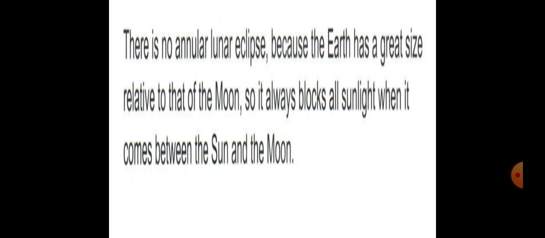In the lunar eclipse, there is no annular lunar eclipse. Why is there no annular lunar eclipse like the solar eclipse? There is annular solar eclipse, but there is no annular lunar eclipse because the Earth has a great size relative to that of the moon. So it always blocks all the sunlight when it comes between the sun and the moon.